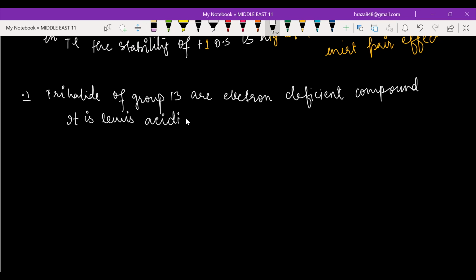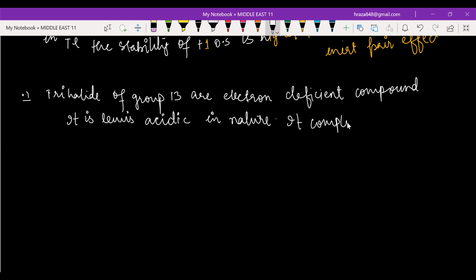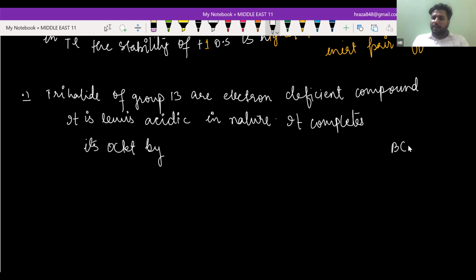Yes. So you know what Lewis acid and base are? How can you say that BCl3, this is basically boron from the 13th group and this is a halide, BCl3 is an electron deficient molecule?